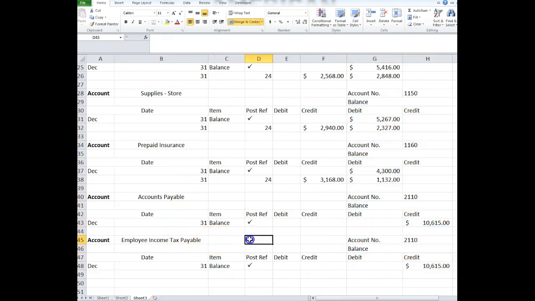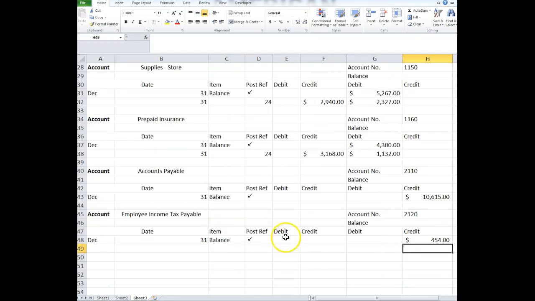Okay, employee income tax payable. What is our employee income tax payable? Good job.